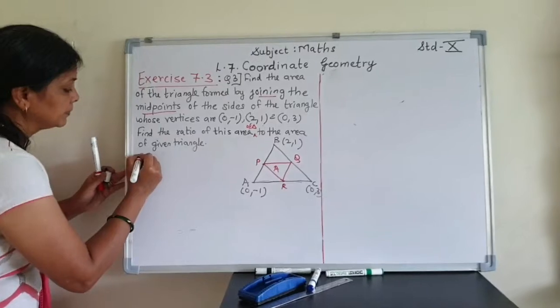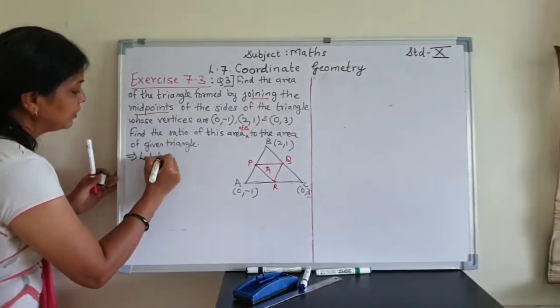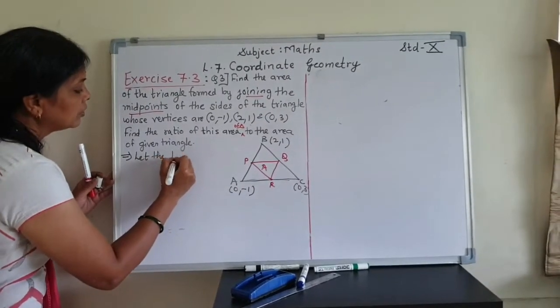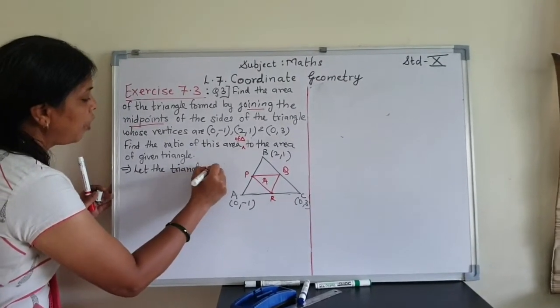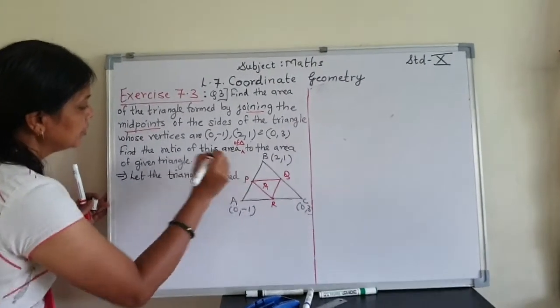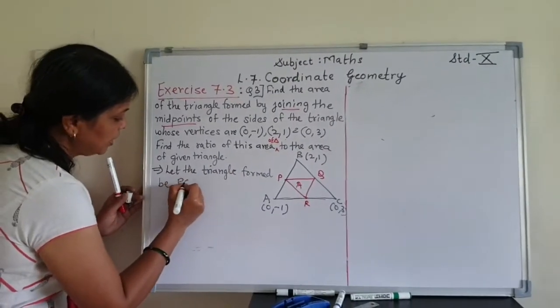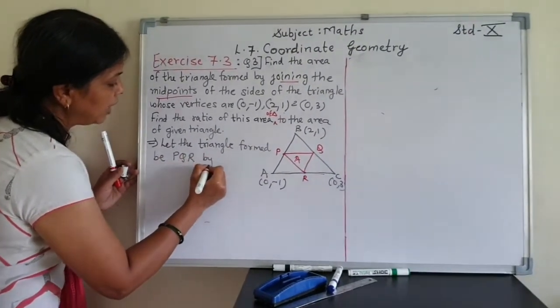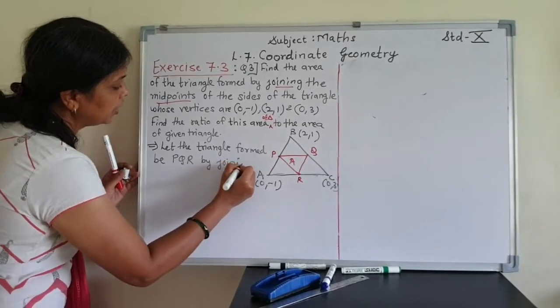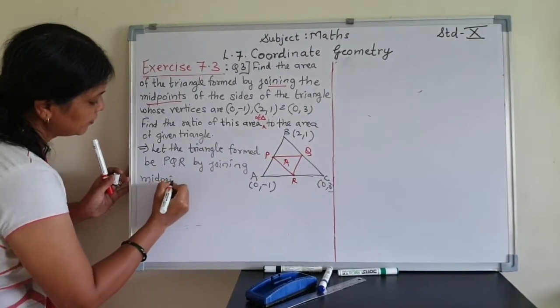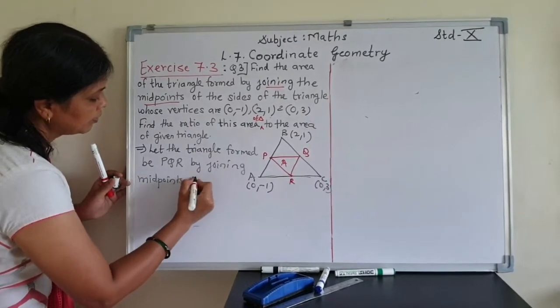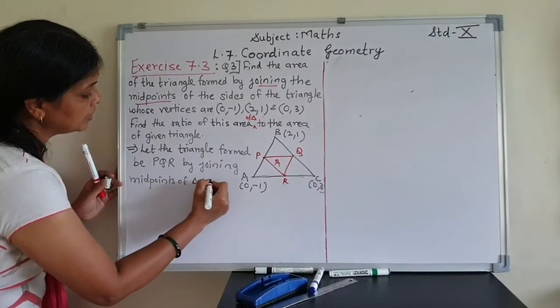Let's start. Let the triangle formed be PQR by joining midpoints of triangle ABC.